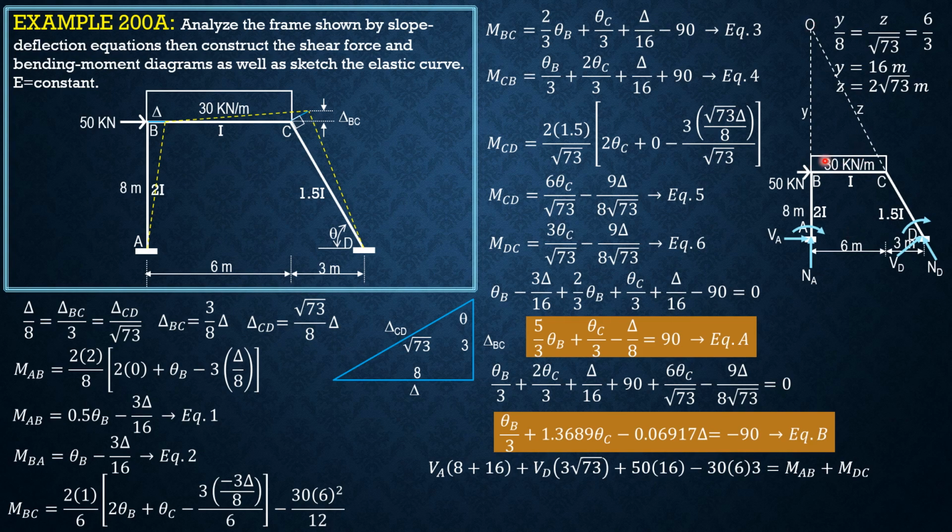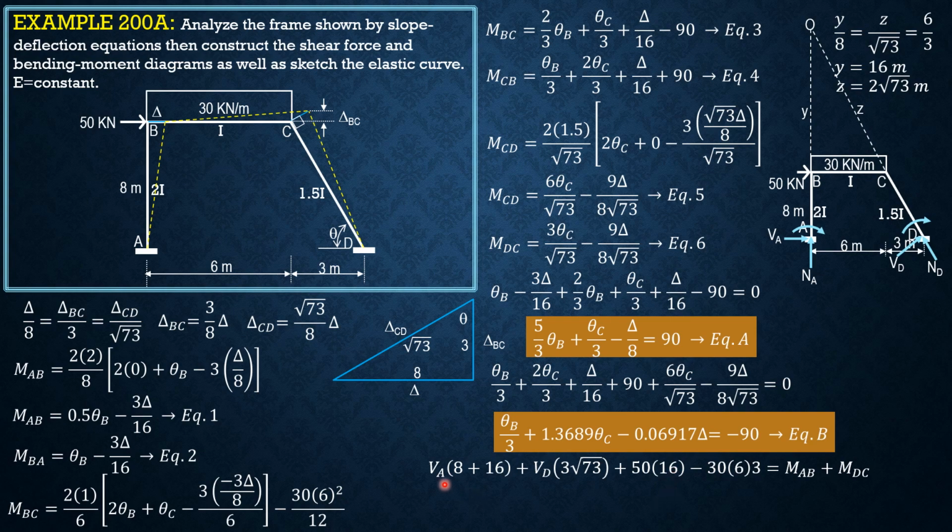So we take note summation moment O, then equals clockwise moments MAB and MDC. This is also clockwise, so it is supposed to be put there, but just make it in the left side.